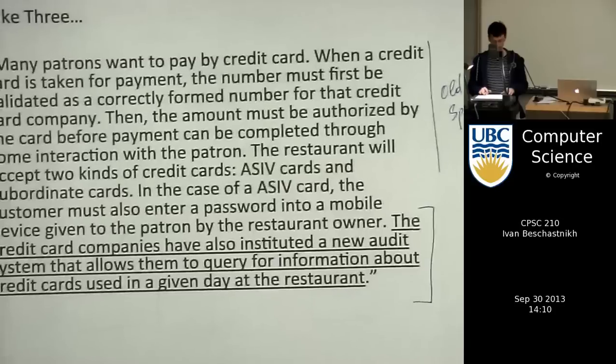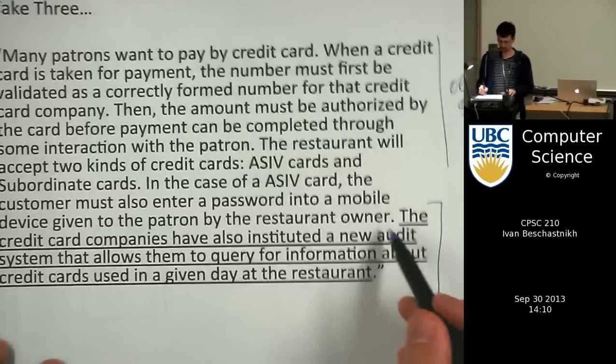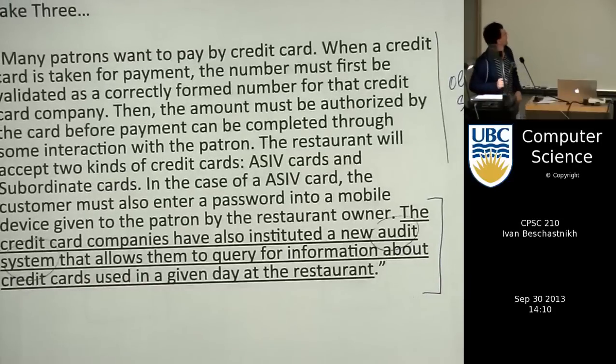And the new stuff says that you need to have this audit system. And the audit system needs to allow us to query the credit cards for what they've been used for, what kind of payments they were used for.